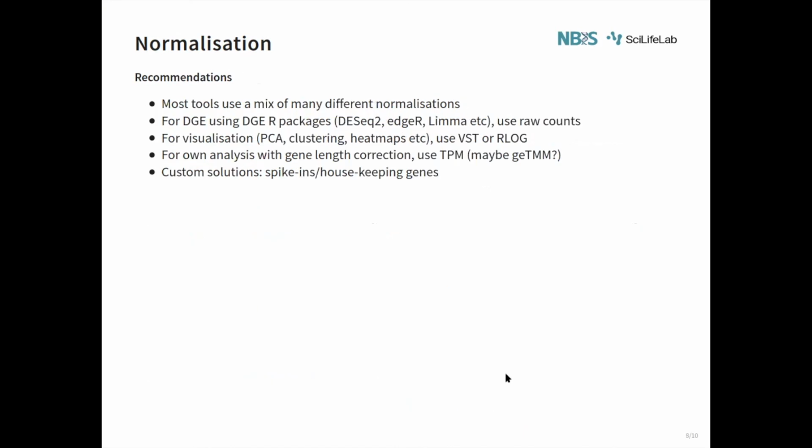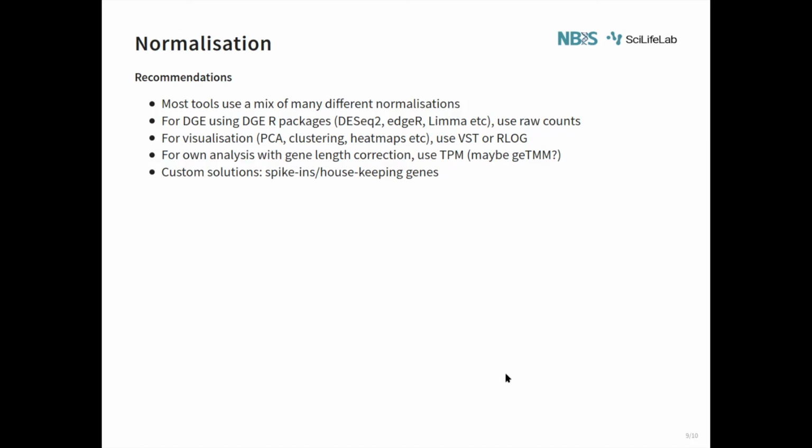So that is an overview of different normalization methods. The last slide here is basically the take-home message from all of this, which is when you use a package in R or any package for differential gene expression analysis, the package automatically does all this normalization for you. So what you need to provide is actually the raw counts to the package.